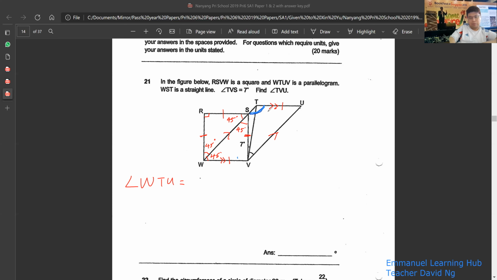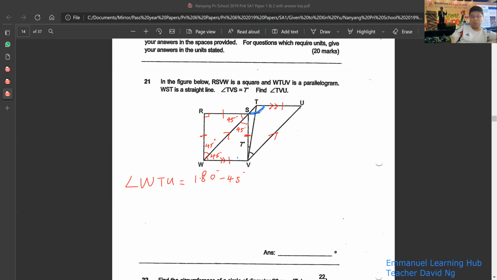Do you have the angles for the other corner of the parallelogram? Yes, right? You have this. Now can you tell me how to find it? 180 minus 45. Yes, 180 minus 45.